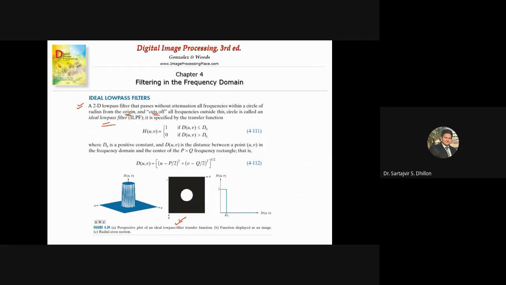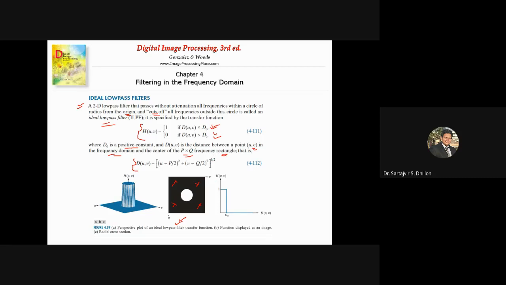It blocks all the frequencies outside the circle and passes all the frequencies within that circle. This is achieved with this equation by applying the cutoff frequency, which is a positive constant, and D(u,v) is the distance between the point (u,v) in the frequency domain and the center of the P by Q frequency rectangle.